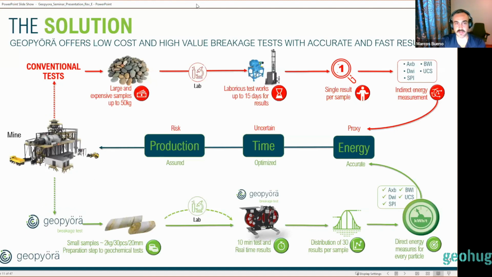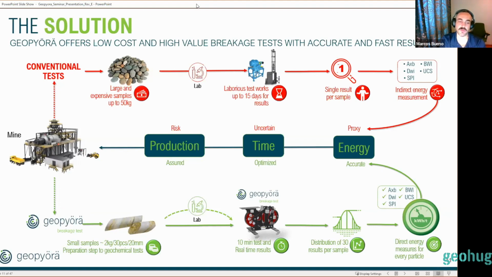But here is the difference in approaches. Normally, as I said, you test a few large composite samples, which is expensive. It takes a long time to get results back, and then you end up with one average result, and some empirical parameters come out of these tests. That's what is used today to predict energy consumption and to forecast production and so on.